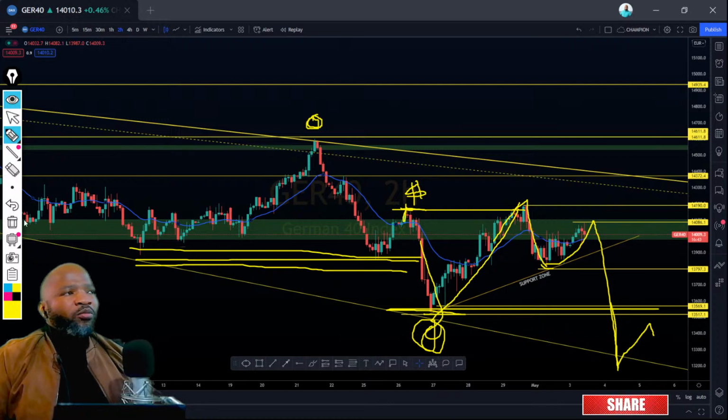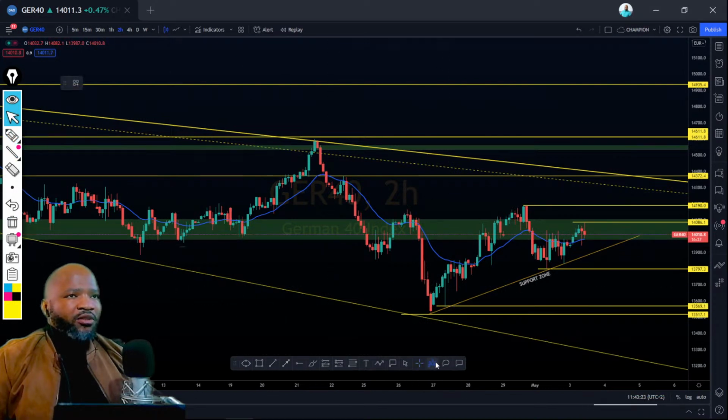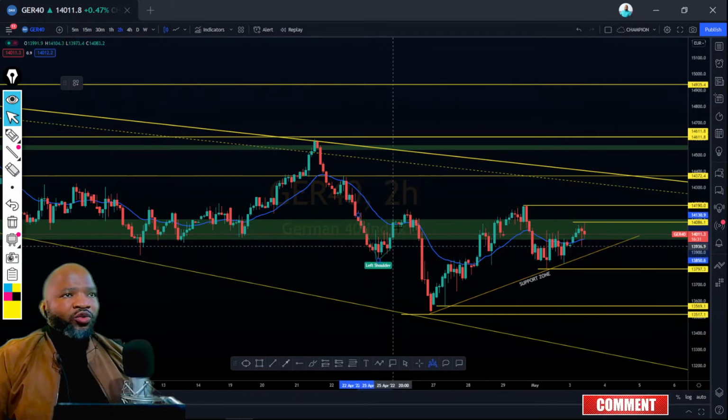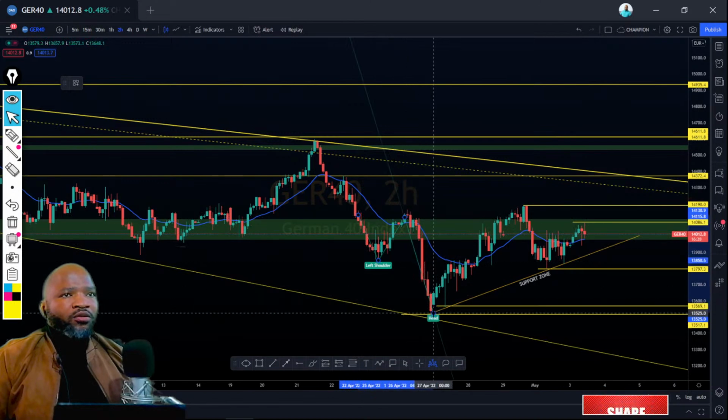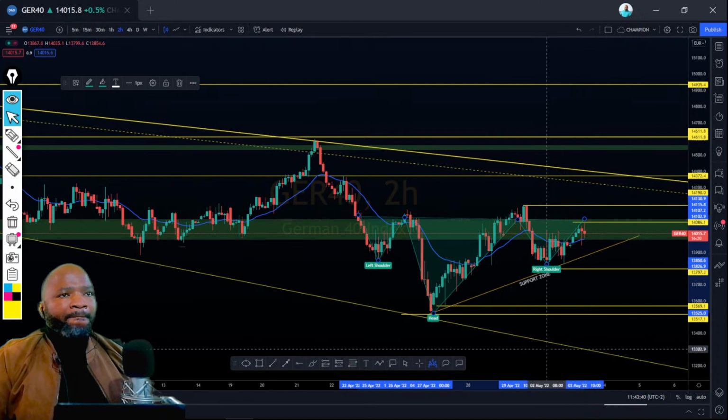But at the moment, there's something that I want you guys to be aware of, as I like the patterns. This could be our left shoulder, this could be our head, and our right shoulder right here. And this is our inverted head and shoulder pattern.